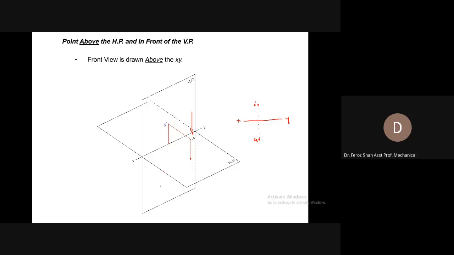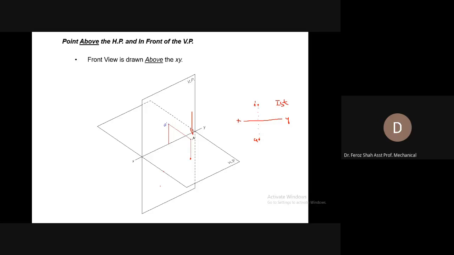In the first angle projection, if the point is lying in the first quadrant, its front view will always be above the XY reference line or within the XY reference line, and its top view will always be below the XY reference line or within the XY reference line. So this type of projection or method of projection is called first angle projection, in which the front view is coming above the top view.